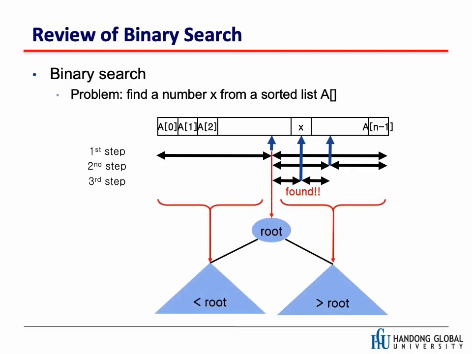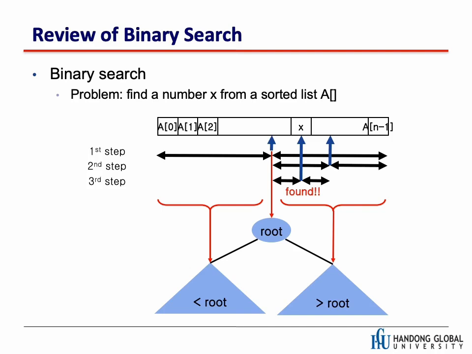And this list can be mapped into a tree. Now I want to introduce binary search tree. Before talking about binary search trees, let me make a connection between this sorted list and this binary tree.